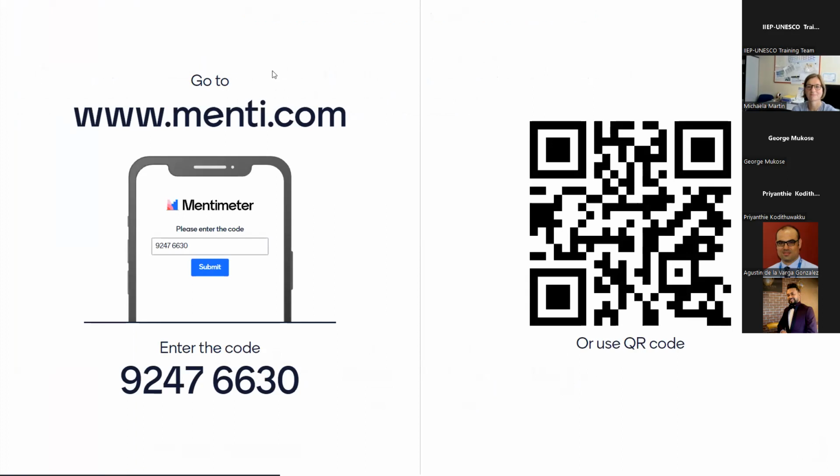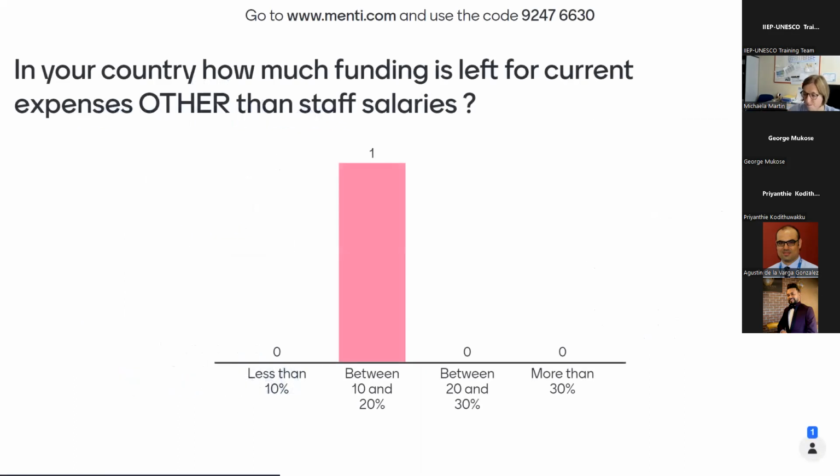You can also use the link, www.menti.com, with the code 92476630. I hope if you have your mobile, you have scanned the code. I'm going back to the question.